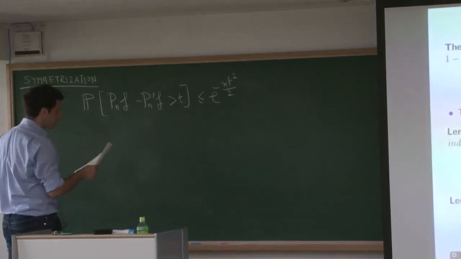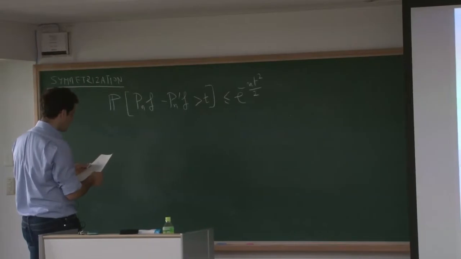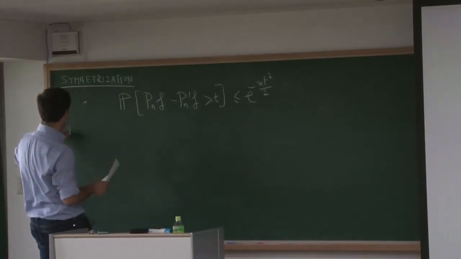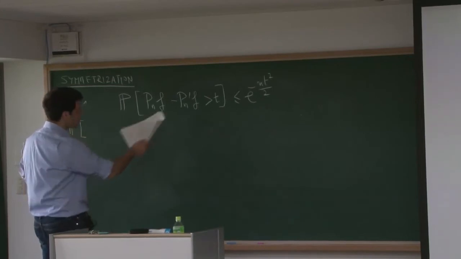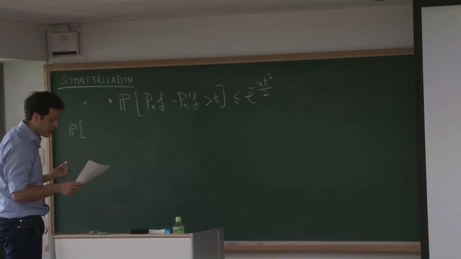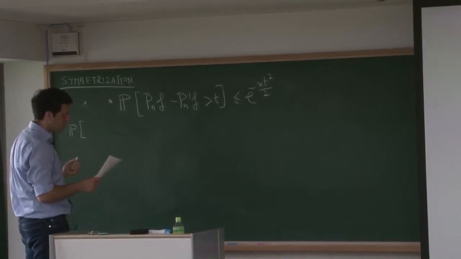So now if you just write the probability of the supremum, so we'll assume this is a slight generalization of a different version of Hoeffding's bound.